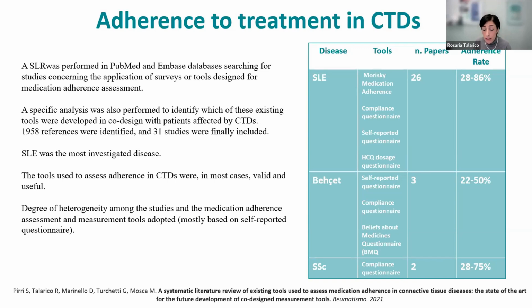As you can see from the table, there are a lot of data, not so many, but a lot compared to the other diseases, for lupus patients. Some data for Behçet disease and few data as well for systemic sclerosis. But the main message of this systematic literature review is that the tools used to assess adherence are valid, useful, but very, very heterogeneous.